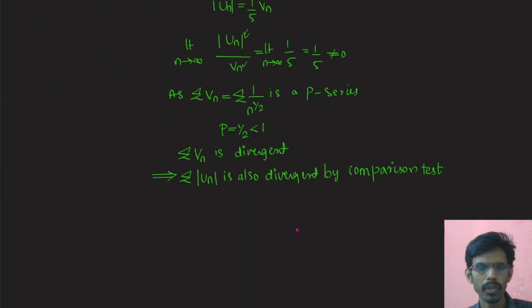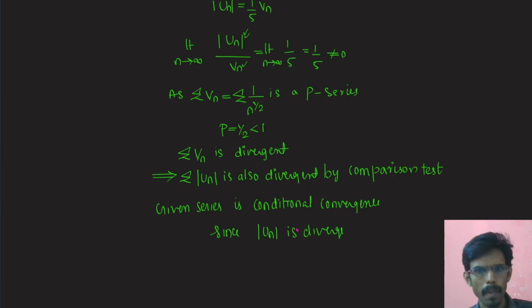So let me write down here, given series is conditional convergence since sigma mod un is divergent and sigma un is convergent. Both are opposite, that's why the given series is conditional.